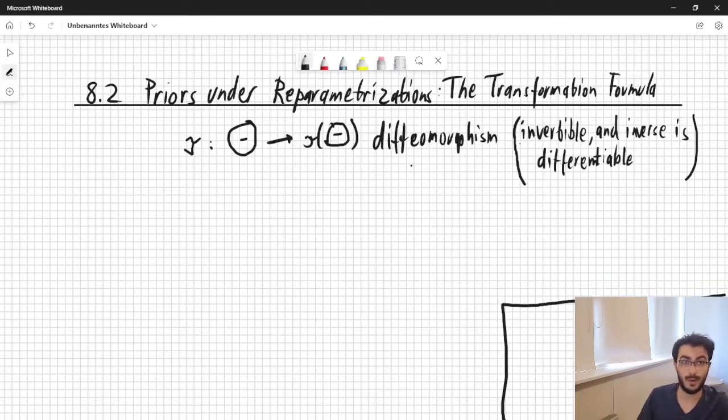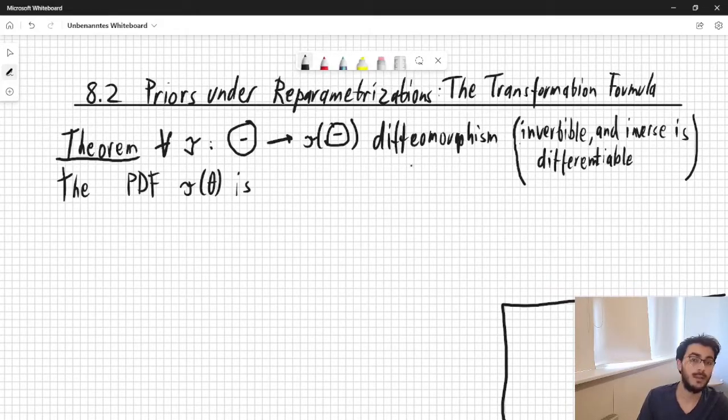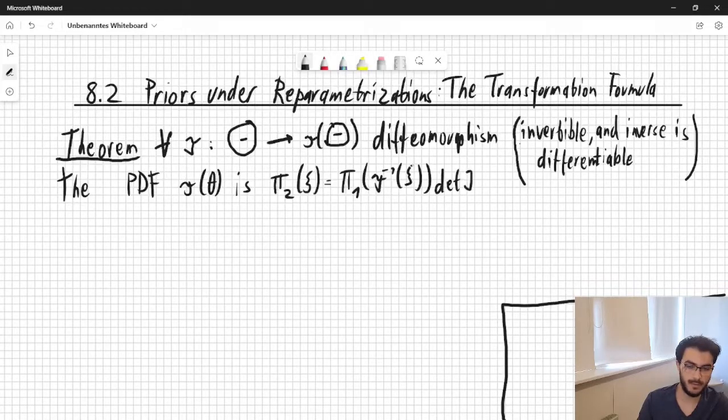In this case, we have this very powerful theorem. For any such tau, the PDF of tau of theta is given by, let's call it pi 2 of psi, which is equal to pi 1 of the inverse of tau of psi times the determinant of the Jacobian of tau's inverse in psi.